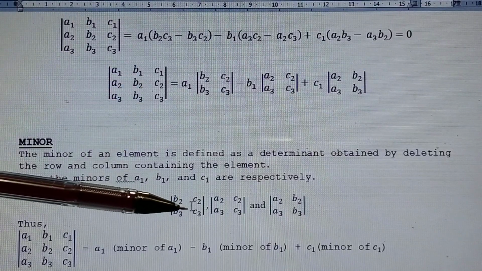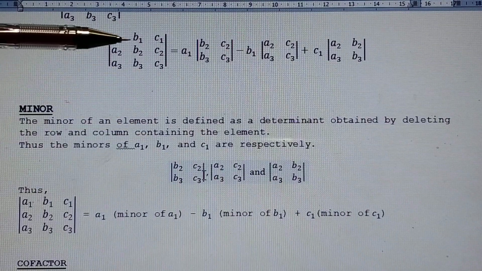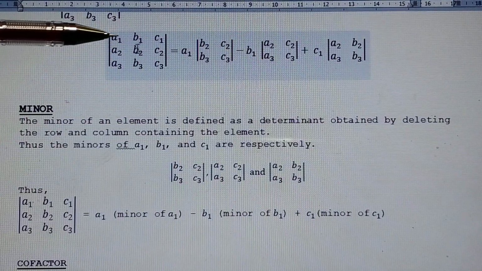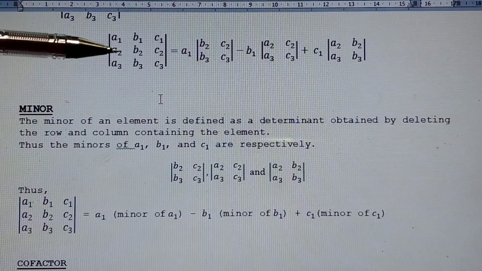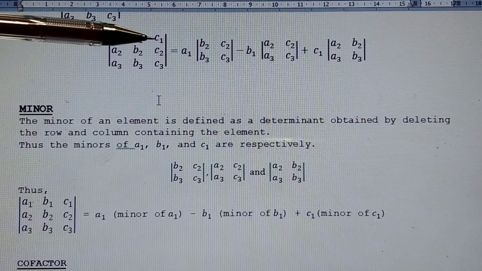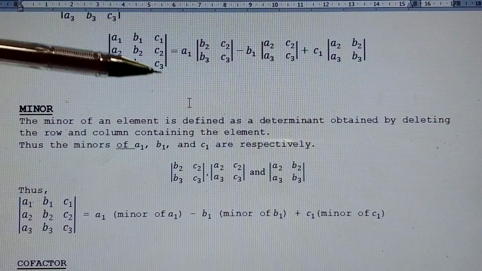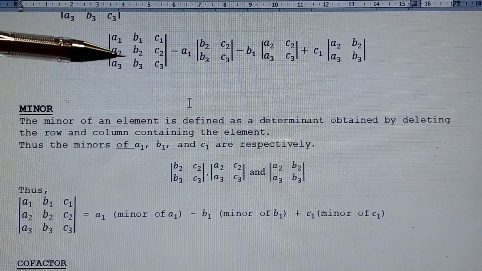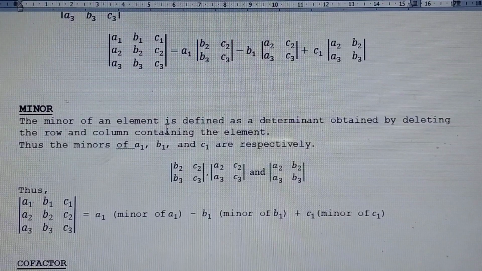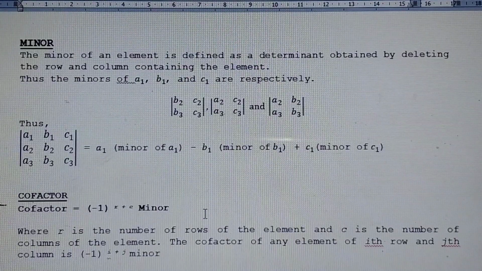Then, kapag nandun na tayo sa B1, cross out natin to, saka yung column 2, ang matitira ay A2, A3, C2, C3. Sa C1 naman, cross out itong third column and first row. So, ang matitira ay A2, A3, B2, B3. Ayan. Kaya, ito siya, respectively.